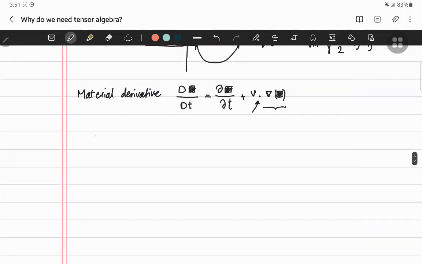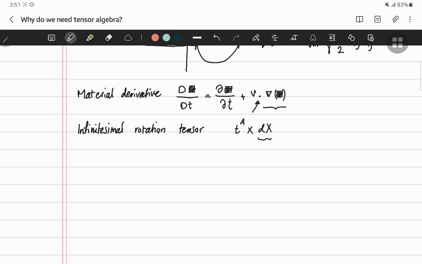So you have to be able to calculate these. Or for example, we have the concept of infinitesimal strain or rotation tensor, where you have the dual vector of, let's say, the displacement gradient times something.